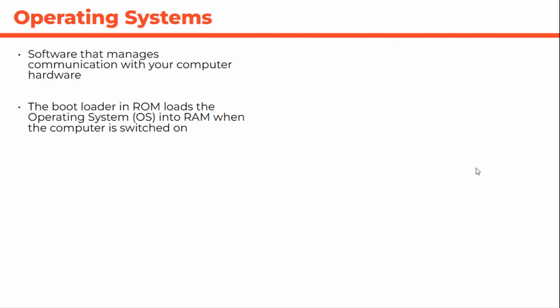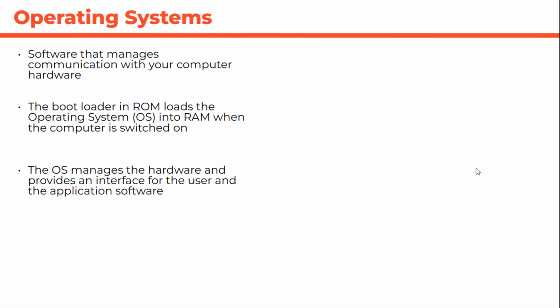You might remember that RAM is volatile, so it forgets everything when there is no power, whereas ROM is non-volatile, so it will keep the firmware stored in there, and that's where the bootloader comes from. The operating system manages the hardware and provides an interface for the user and the application software.